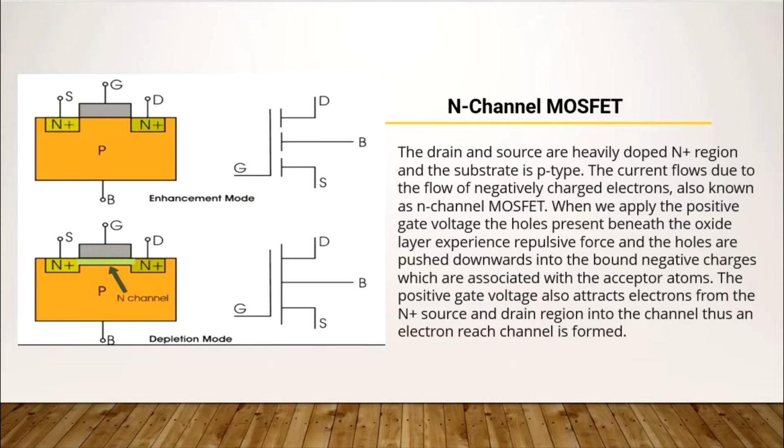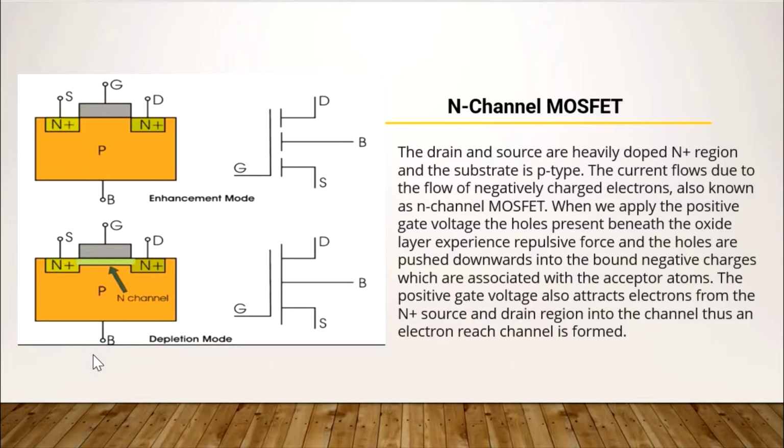N channel MOSFET. The drain and source are heavily doped N plus regions and the substrate is P-type. The current flows due to the flow of negatively charged electrons, hence it is also known as N-channel MOSFET.